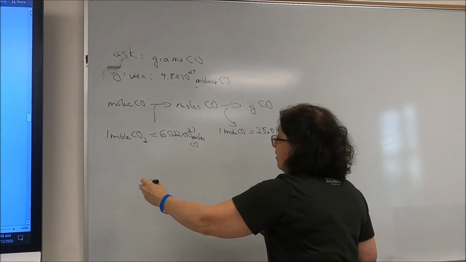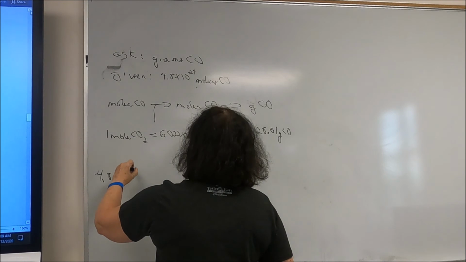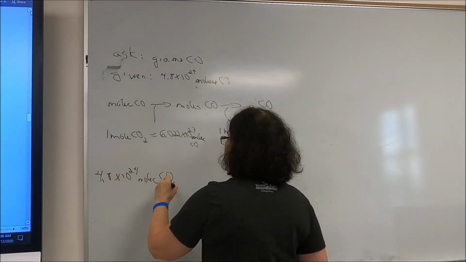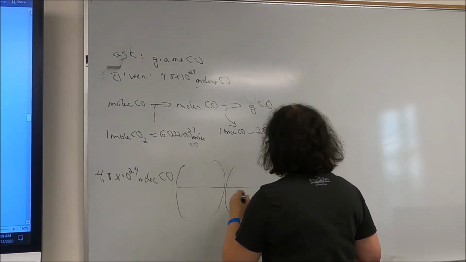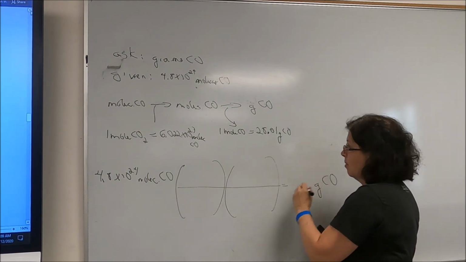So if I start out with my 4.8 times 10 to the 24 molecules of carbon monoxide, 2 steps later, I should be able to be in grams of carbon monoxide.